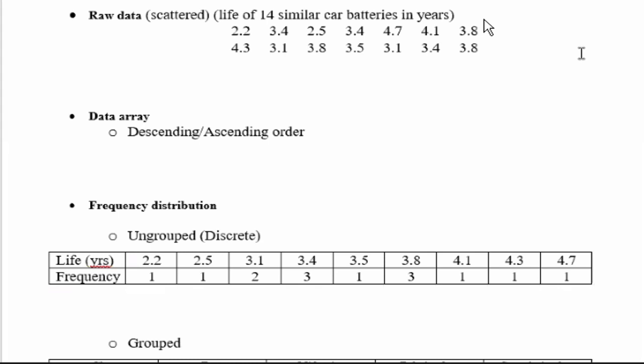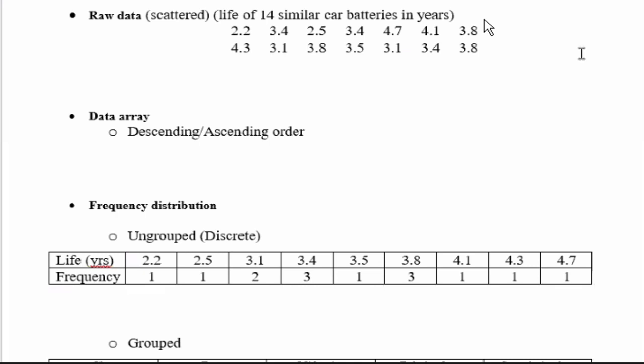So there is a company which is manufacturing car batteries, and they have collected data on the life of their batteries from, say, 14 car batteries. So 2.2 years, 3.4 years, 2.5 years, and its maximum up to 4.7 years.